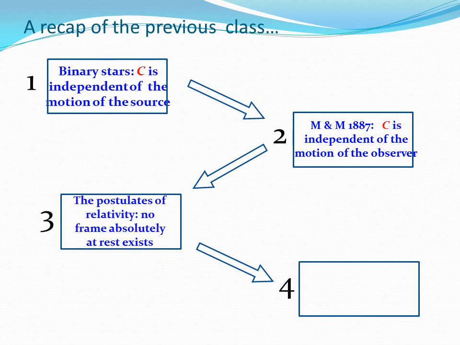Therefore, Einstein formulated his postulates of relativity, which say that no frame absolutely at rest exists, and as a consequence, non-local simultaneity is a concept relative to the experimenter.